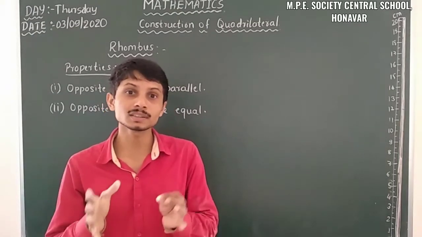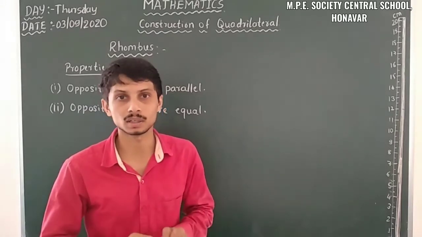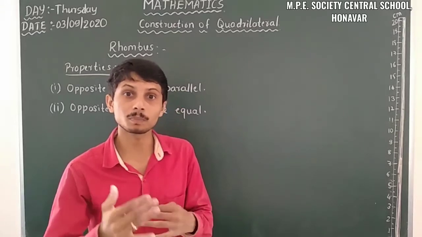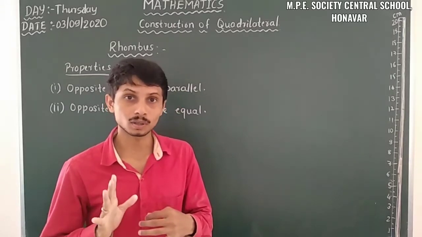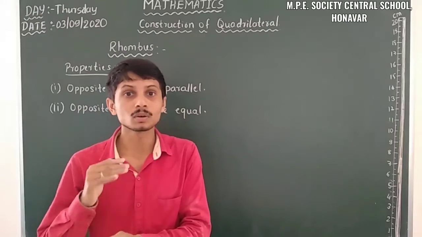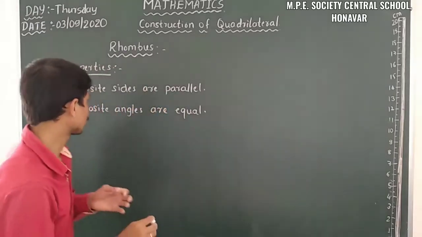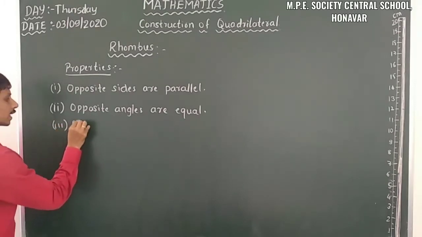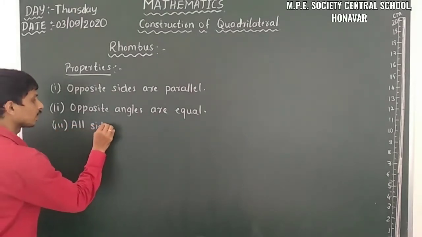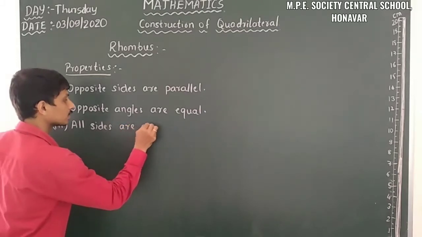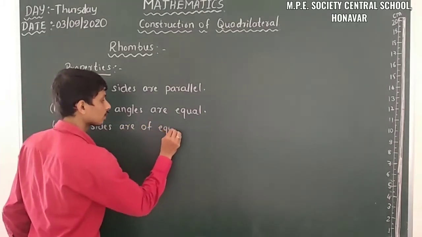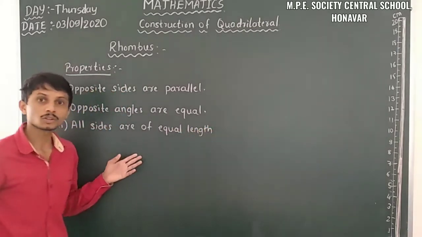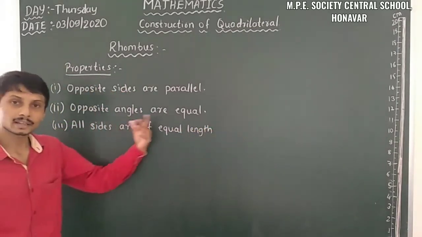In both square and rhombus all the sides are equal, not in the rectangle. Because in a rectangle only opposite sides are equal, but in a rhombus all the sides are equal. So the third property is that all sides are of equal length.